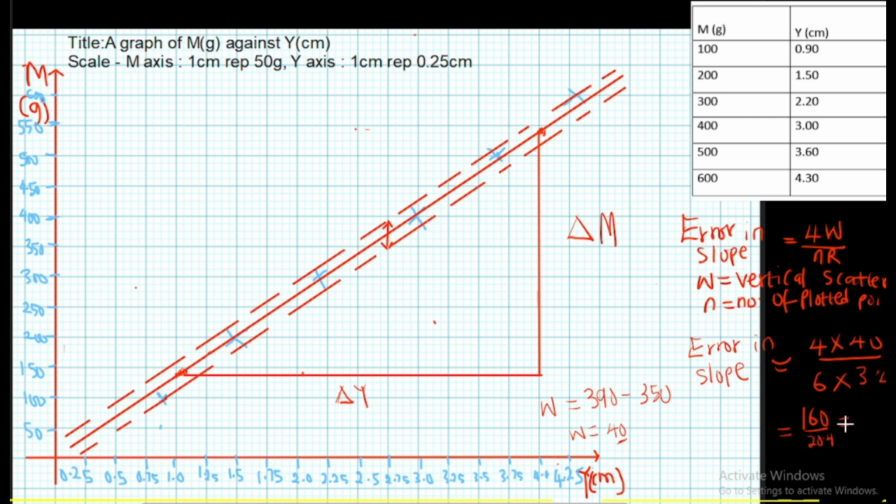So we have 160 divided by 20.4, which is 7.84. So the error in slope here, using our formula, is simply 7.84. Write this as plus or minus 7.84.